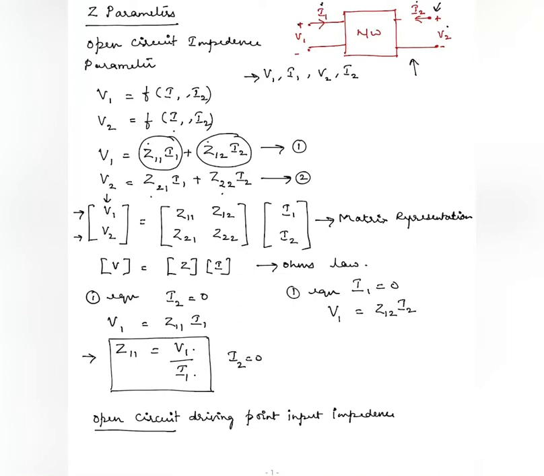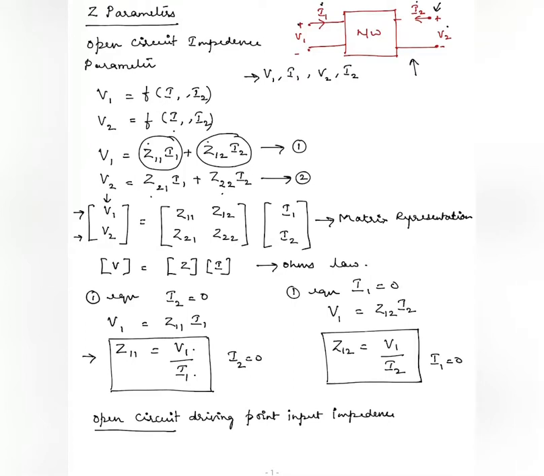So from this we'll get Z12 as V1 by I2. So this is the equation to find Z12, which is equal to V1 by I2, and this is got when I1 is equal to 0.